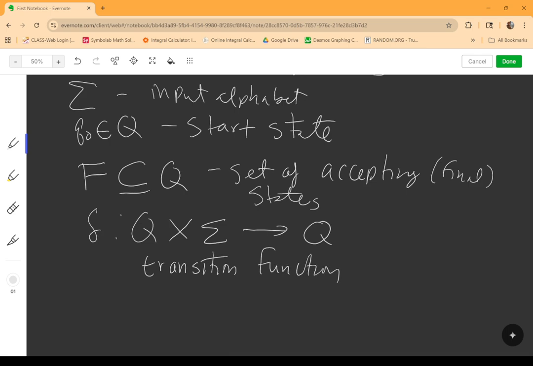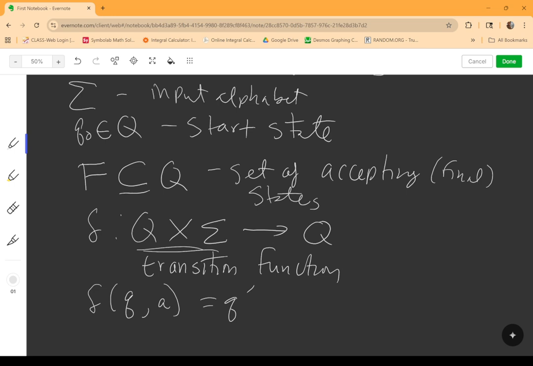It means that if I'm in state Q and the next symbol is A, so this ordered pair, Q cross sigma, is a state and a symbol from an alphabet, not a string, then we have delta of Q, A equals another state, which I'll call Q prime.